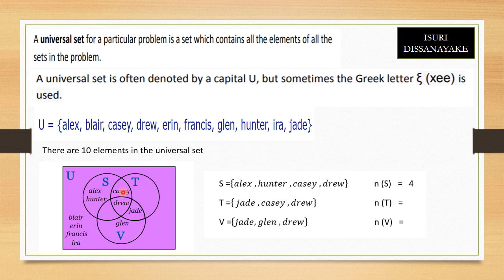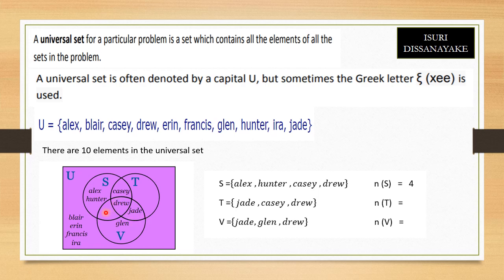And Casey is common for S and T only. That's over here, S and T only. And Jade over here for T and V only. Jade is common for T and V only.